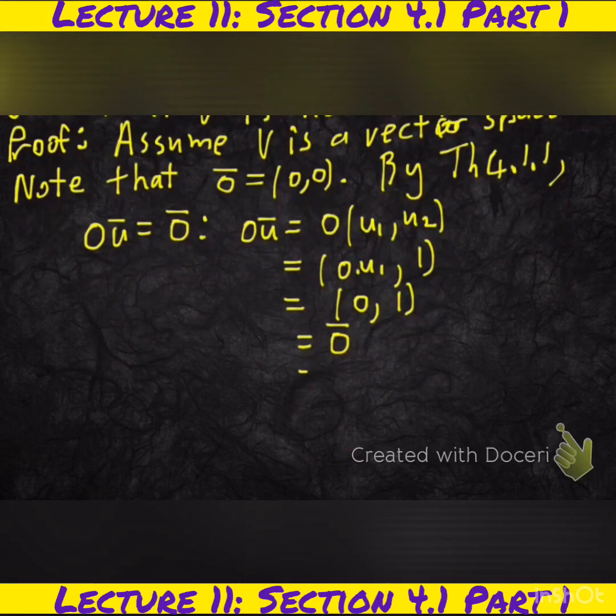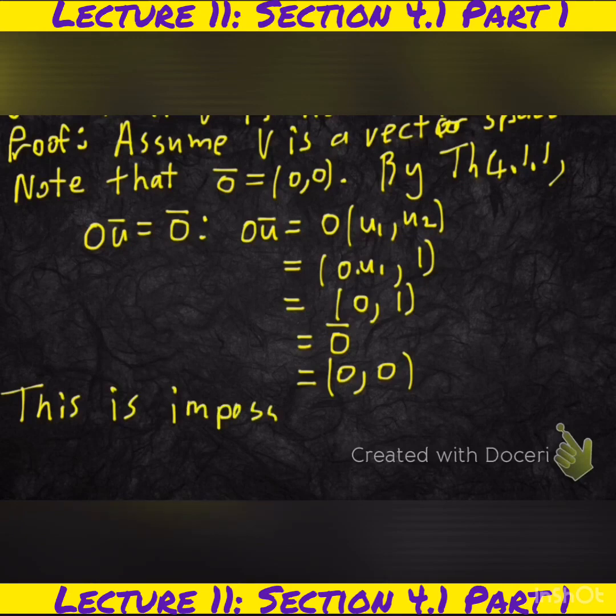We know the 0 vector is the vector (0, 0). Now this is impossible. Why? It's impossible because the ordered pair (0, 1) and the ordered pair (0, 0) cannot be the same, because the y components are different.